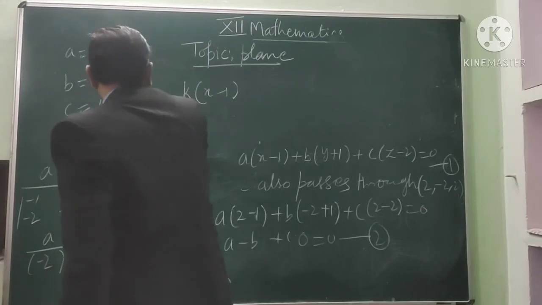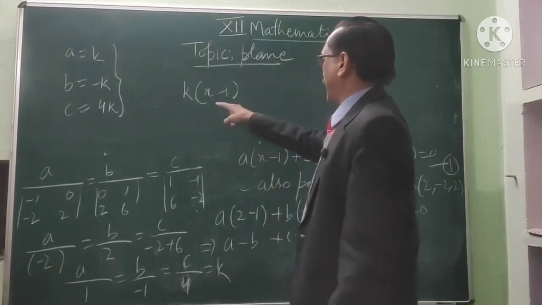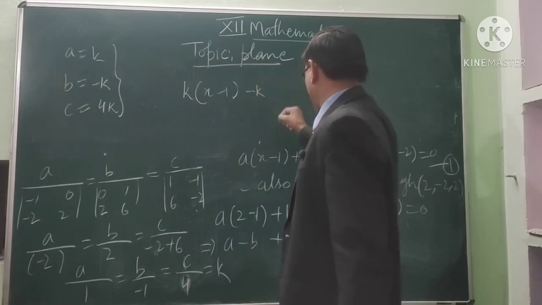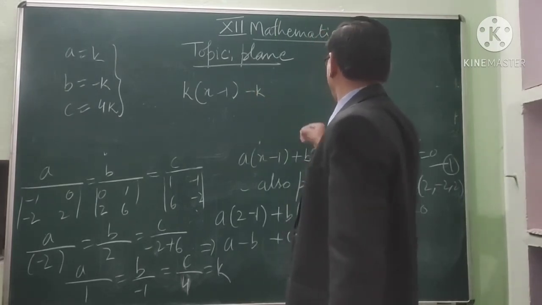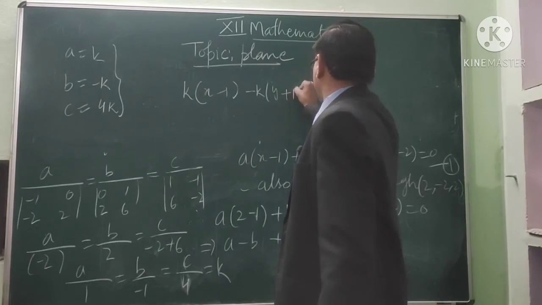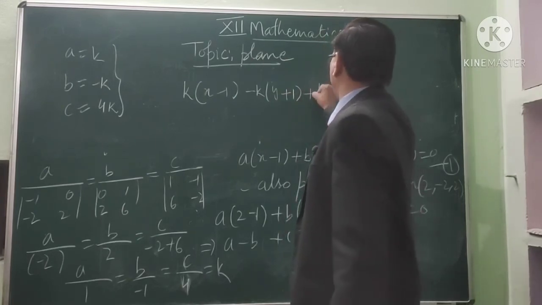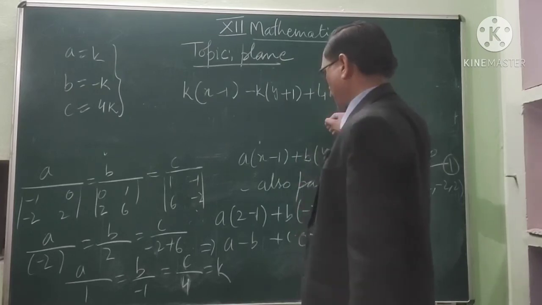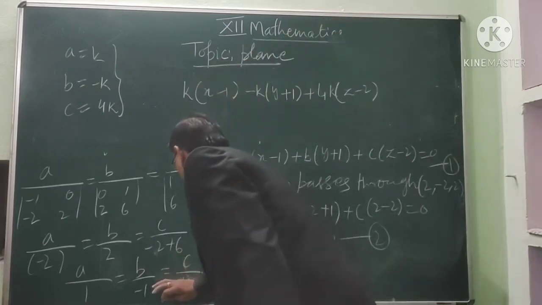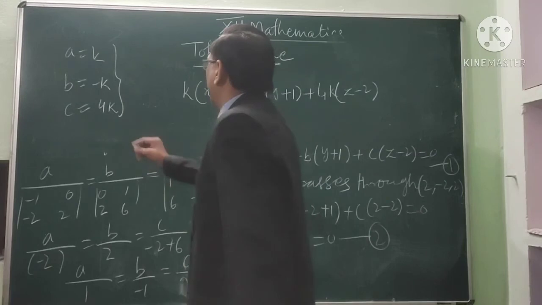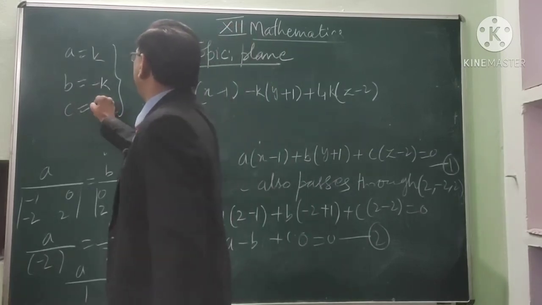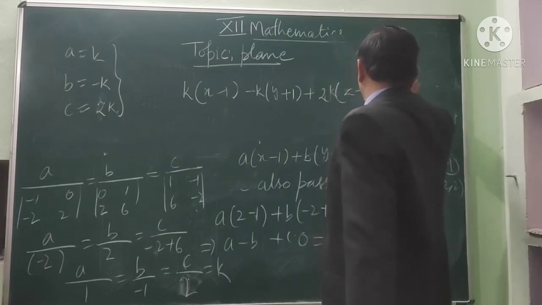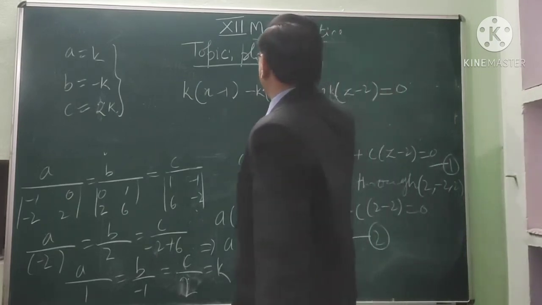Putting all these values in equation 1, we will get k(x - 1) - k(y + 1) + 2k(z - 2) = 0. k is common and cancels.